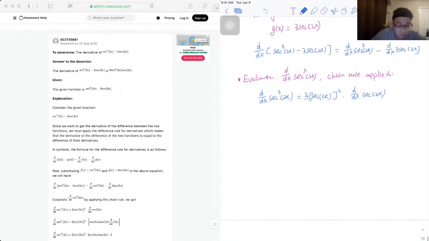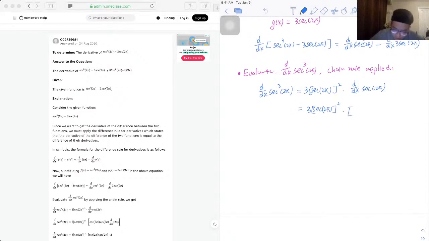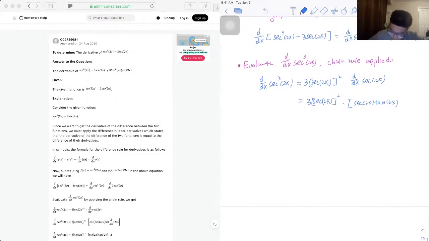So coming up, we keep the first part the same, so 3 secant 2x squared, and the derivative of secant 2x is going to be equal to secant 2x tangent 2x, and we need to apply the chain rule again, so the derivative of 2x.